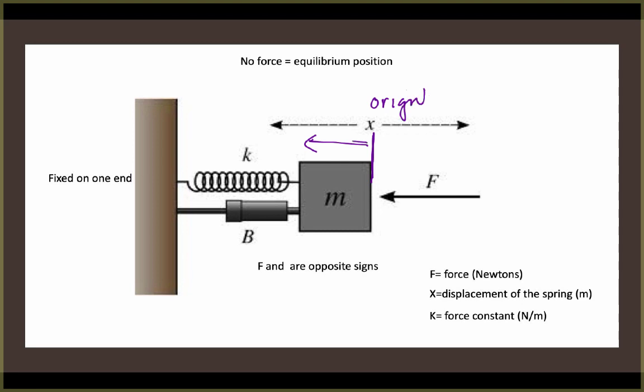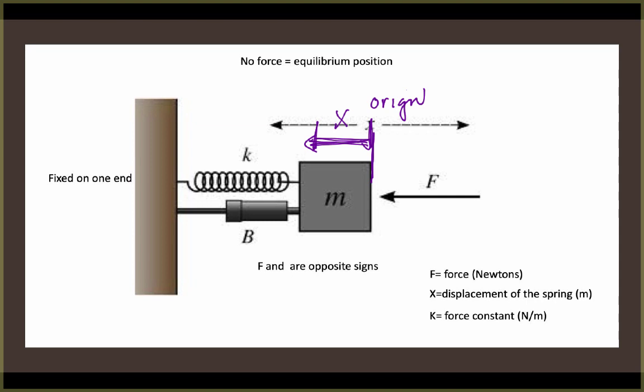So this movement here, from here to here, is what's known as x. They say that's a displacement from equilibrium, or in layman's terms, how did we change it from the original position?